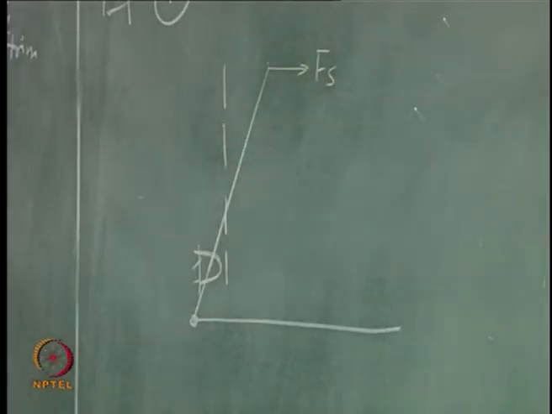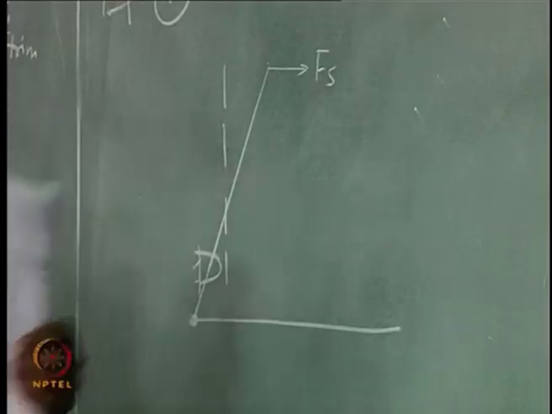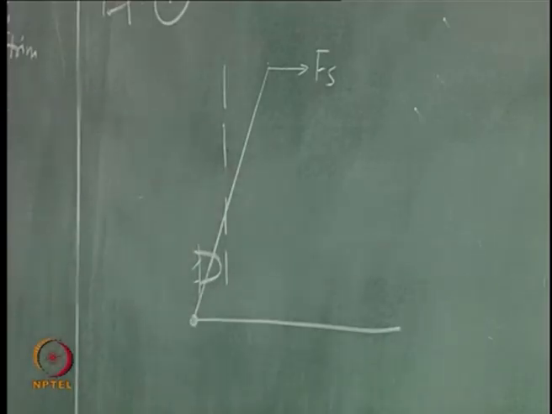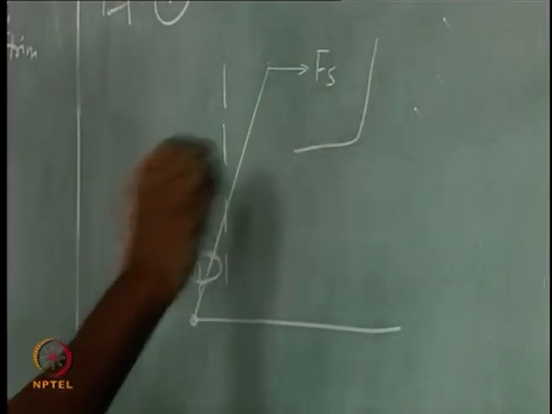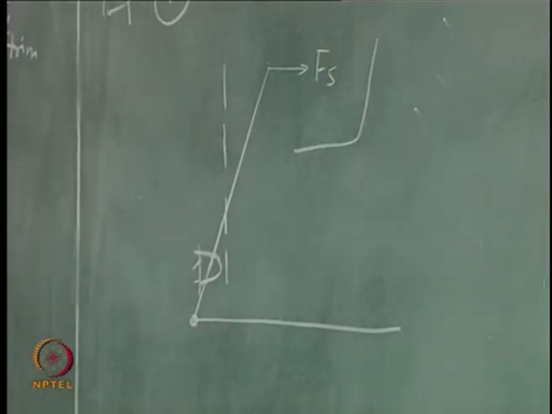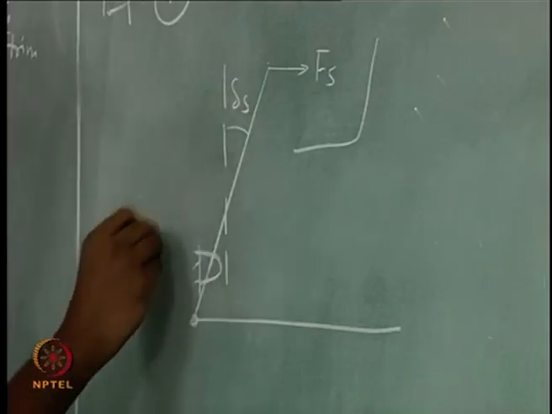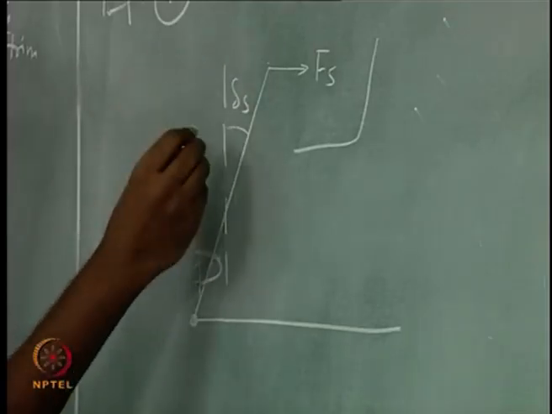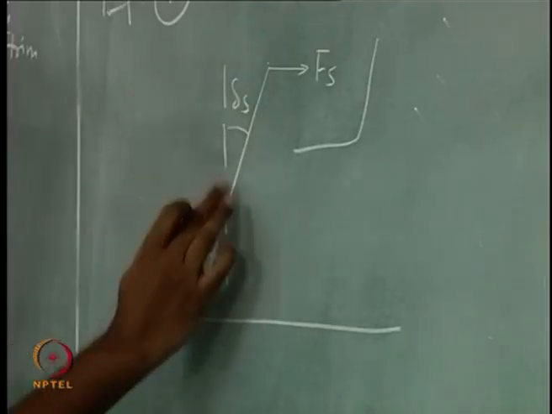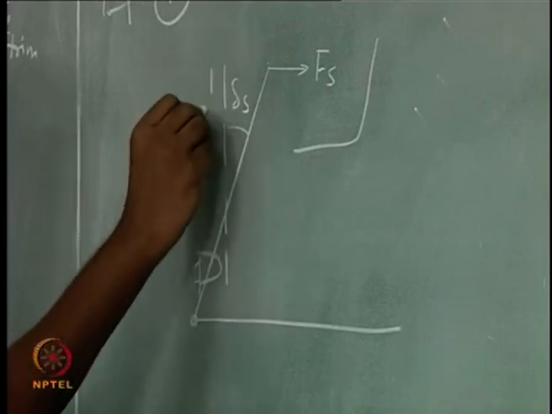Fs is the stick force and this is a pull, right. So, pilot is sitting somewhere here and he is pulling the stick towards himself.